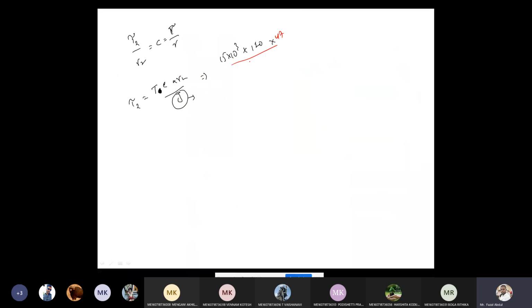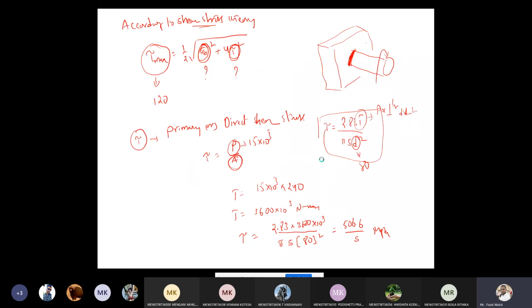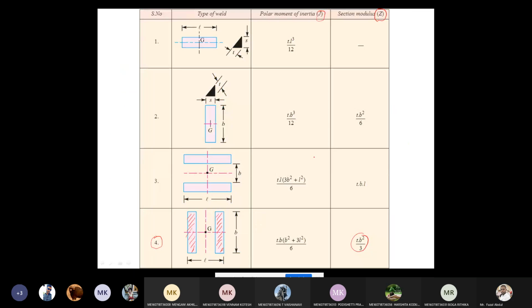Then J, the polar moment of inertia, we already calculated as 127,850 into S. Actually, this J value we have to take from the table, Babu. It means you have to remember the entire table. The given question belongs to the third diagram, because at the top this type of weld is done and at the bottom also this type of welding is done.